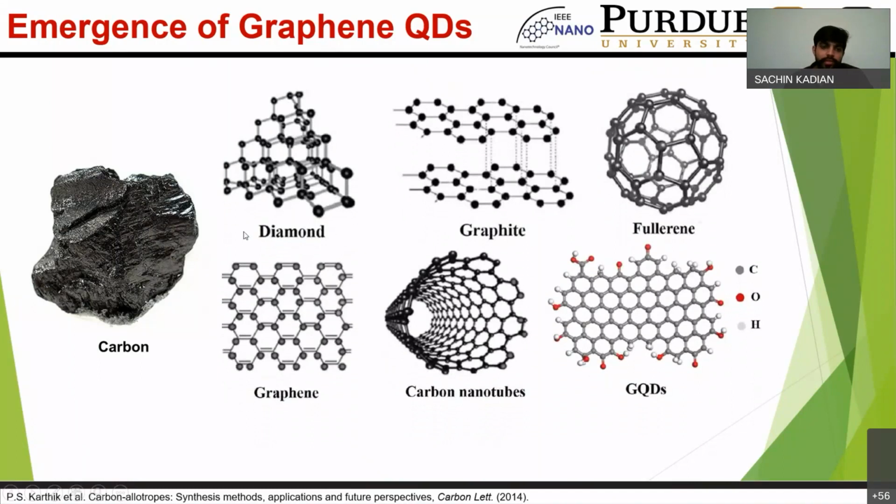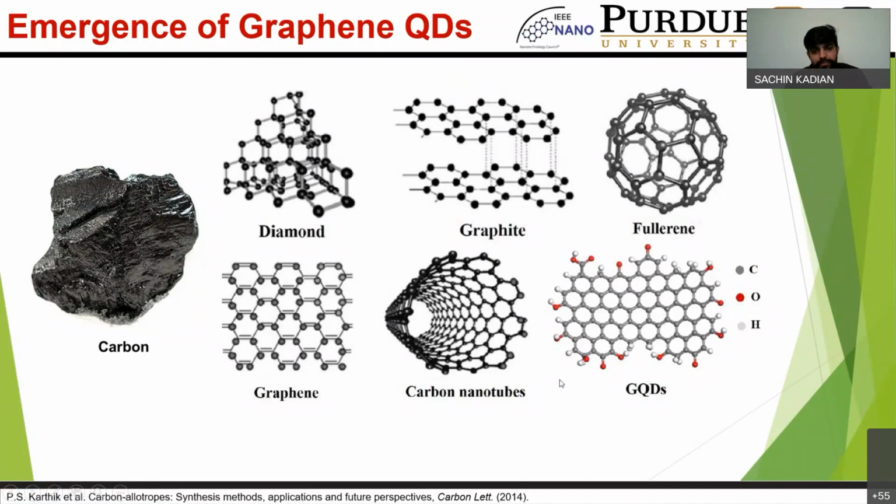We know the physiochemical and conducting properties of diamond and graphite, which have been the most used allotropes of carbon. But with the invention of fullerene in 1985, the era of synthetic allotropes of carbon began.